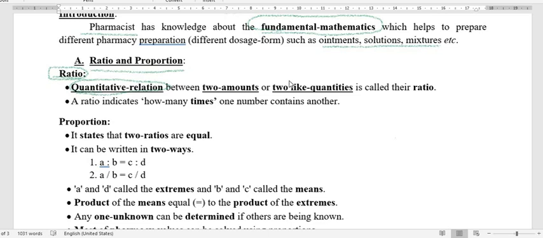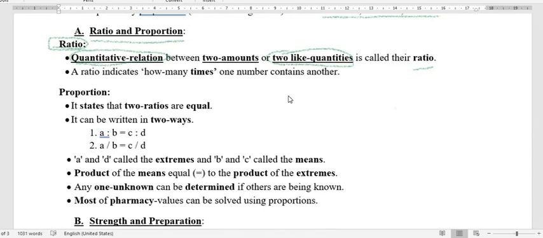So the relationship between two like quantities is called ratio, and it tells you how much less or higher one quantity is than the other.